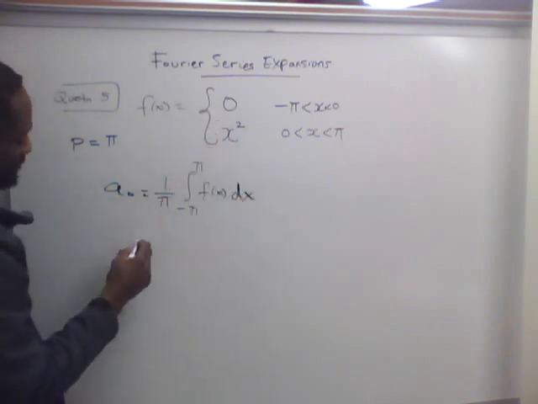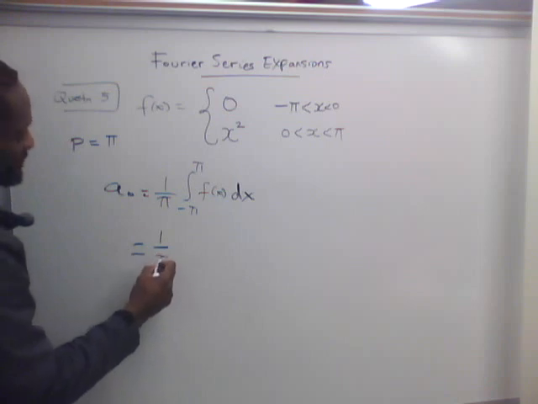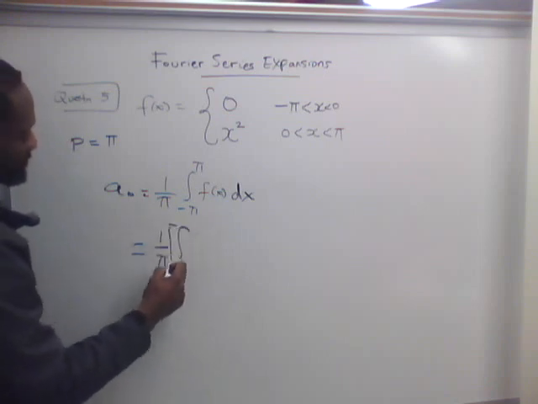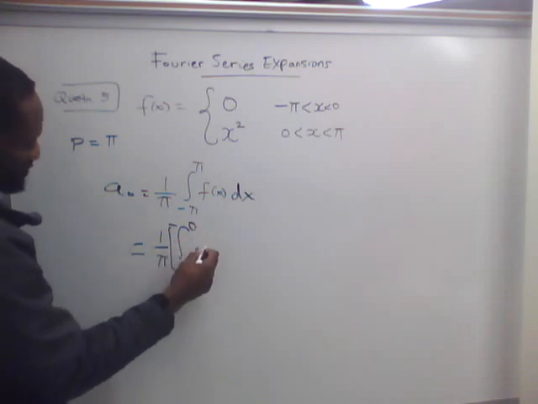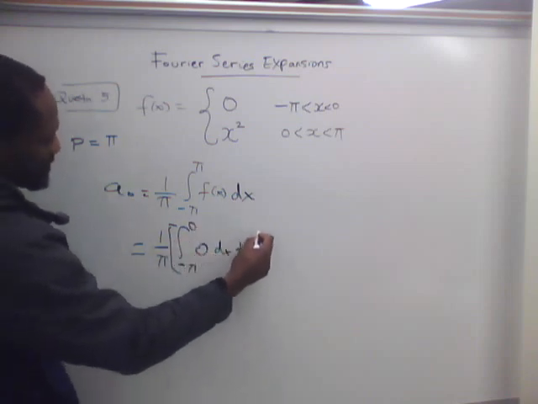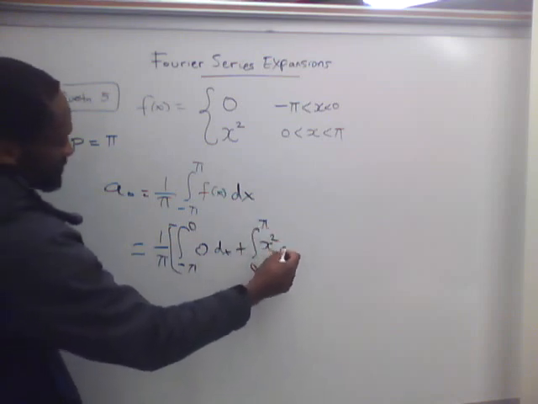Since this is a function with 2 different values for different ranges, we split the integral, going from minus pi to 0 of 0 dx, plus 0 to pi x squared dx.